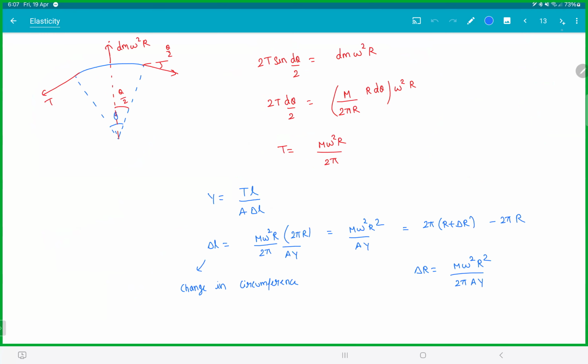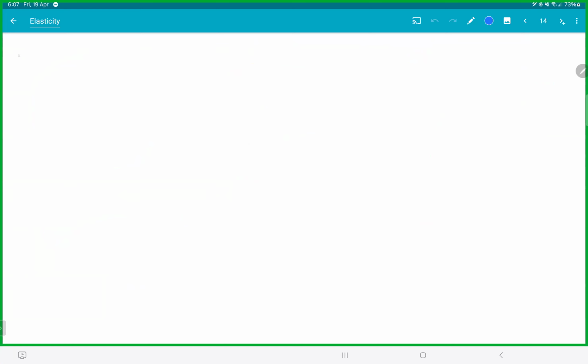Clear? Next one. Next one is a good one. Important one, actually. You can put a star for this. We have a rod here, mass m, length L, area A, Young's modulus Y, and alpha, the coefficient of linear expansion.